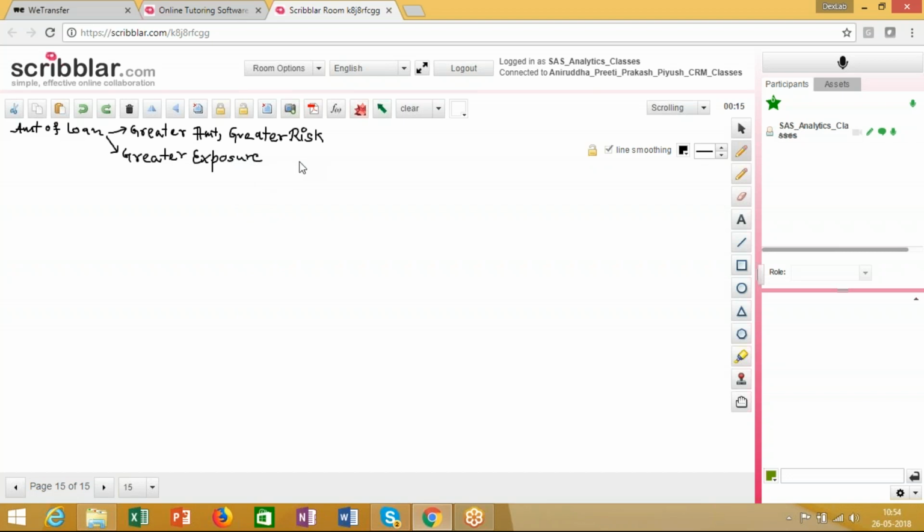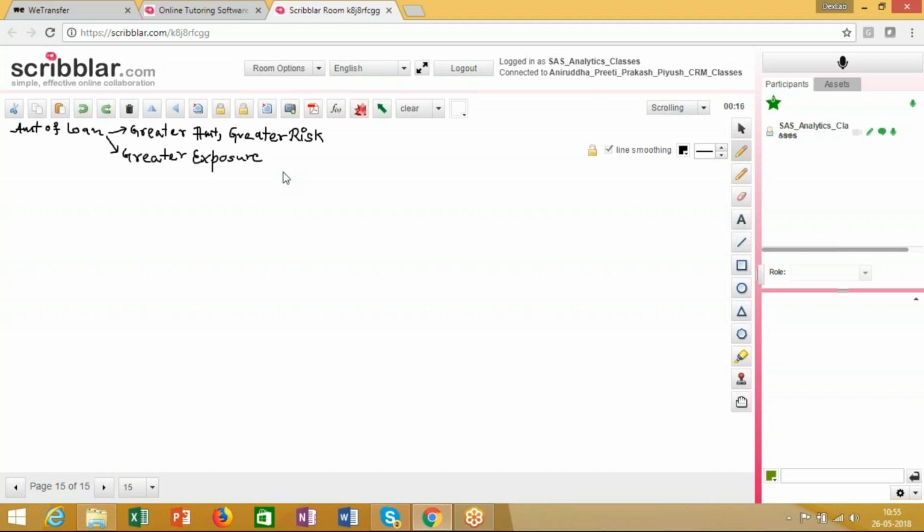Say there is a loan of 1 lakh given for 5 years, and another loan of 50,000 given for 5 years. Then the loan of 1 lakh for 5 years is the more risky loan, because it is a greater exposure outstanding for the same given years.